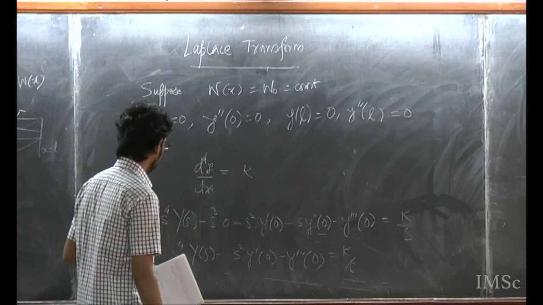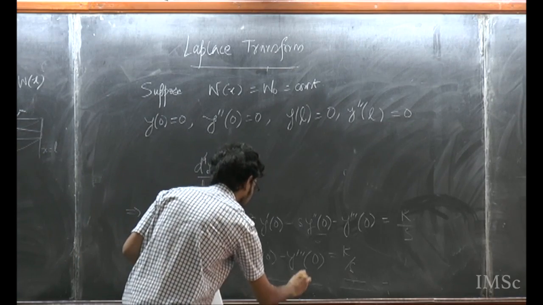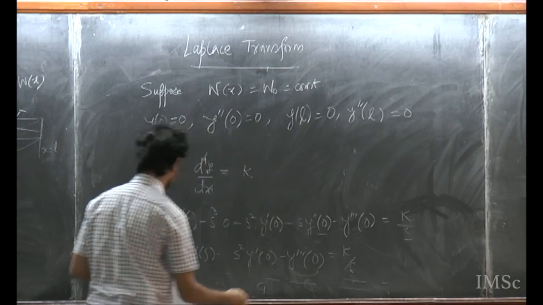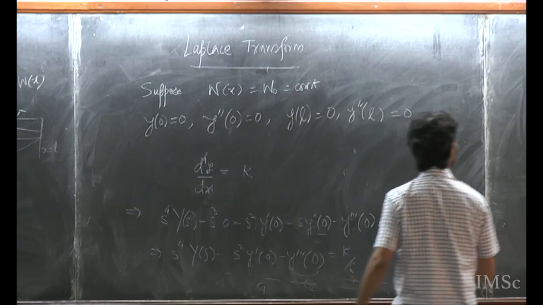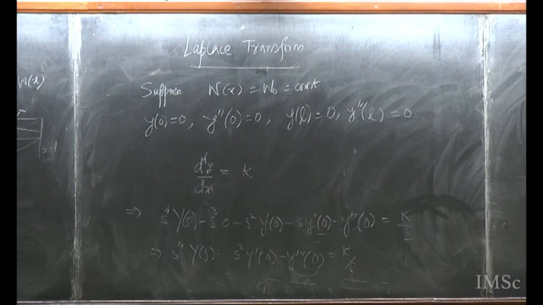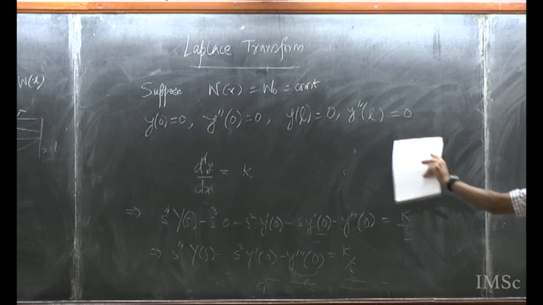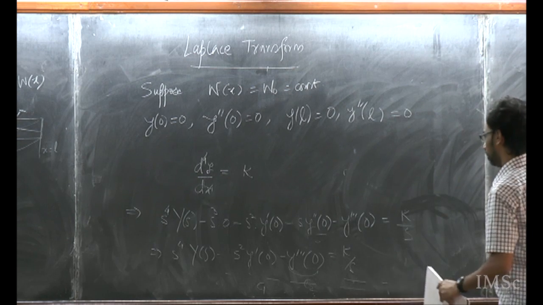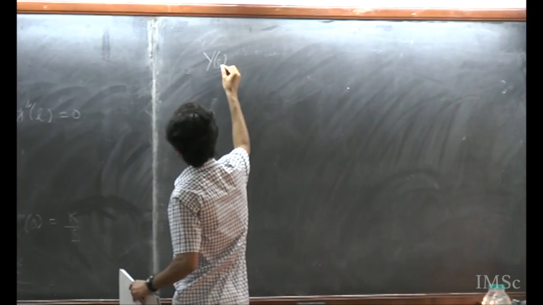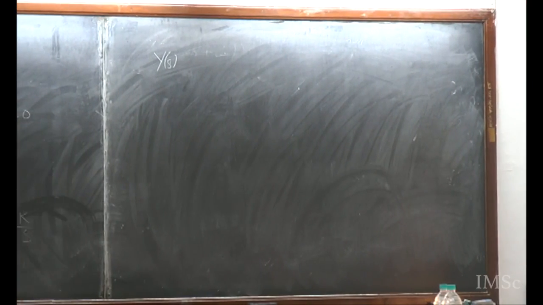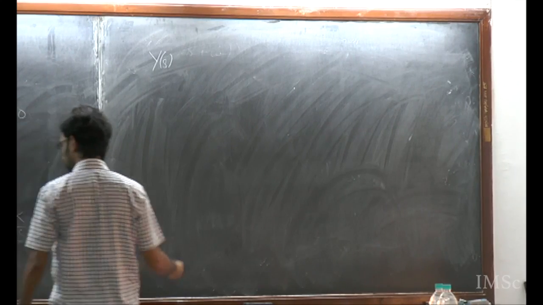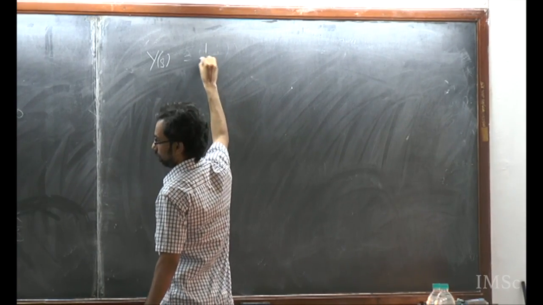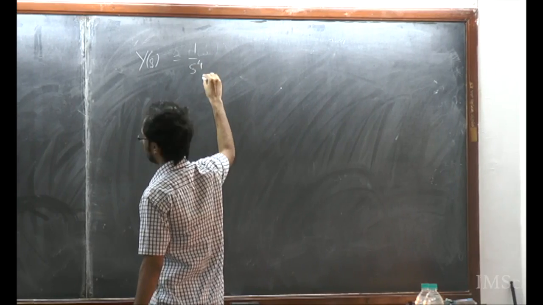Okay. So let me call this C1 and let me call this C2. And we have to find out C1 and C2 from the next two conditions, boundary conditions. So Y(s), let me write it straight away. This is 1 over s to the power 4.